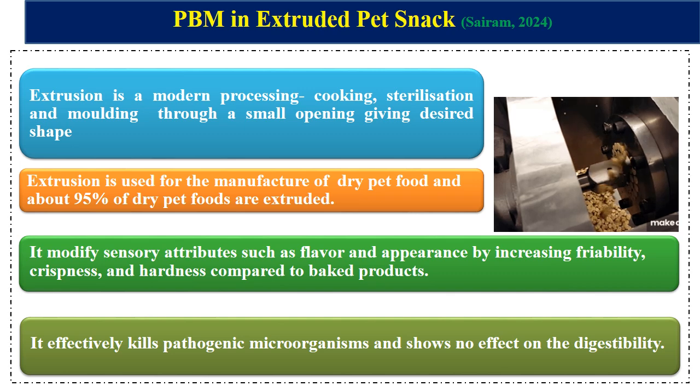So this extrusion method is very suitable for making pet food by using cereal ingredients and adding animal origin ingredients like poultry byproducts meal to prepare this special pet snack, which we are going to see further.